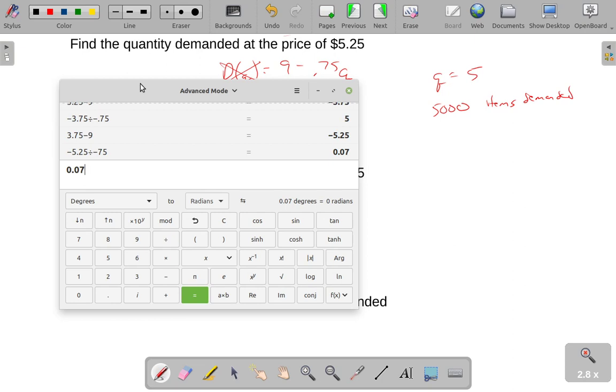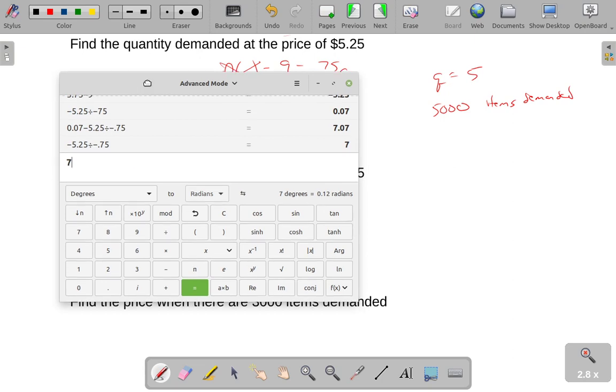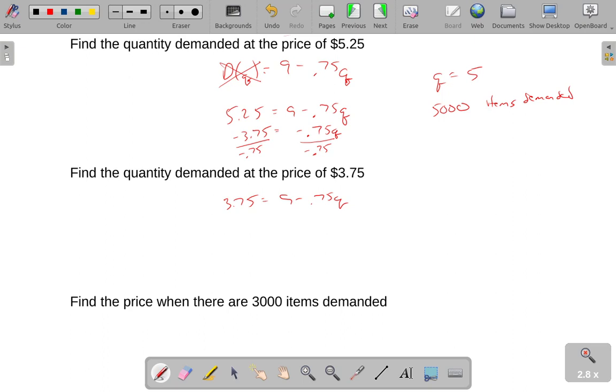Oops, I missed my negative. You just have to type things into the calculator correctly. In any case, we get Q is 7. So we get 7,000 items demanded.